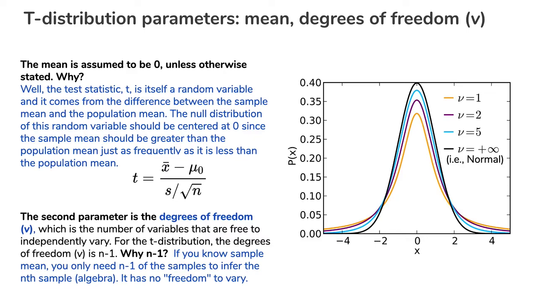Because if we have 5 observations, if we had the mean and 4 of those observations, with algebra we can compute the 5th. So it cannot vary. Right? That's the whole intuition. How many variables in our observation can vary independent of one another? Okay. So if the sample size is 5, the degrees of freedom is 4.